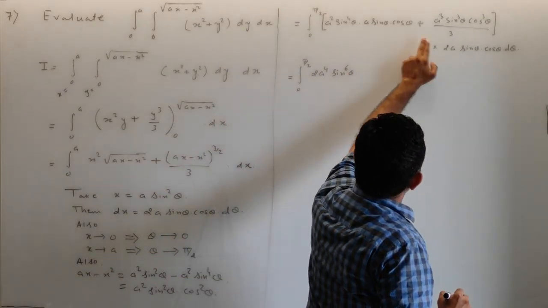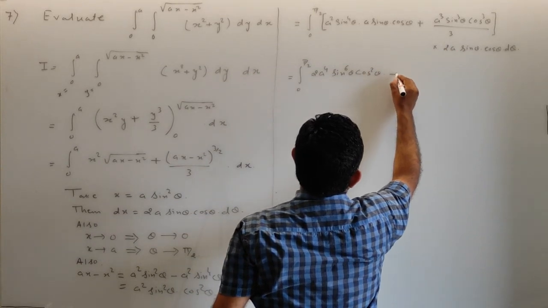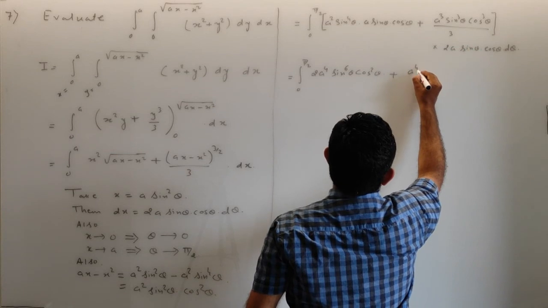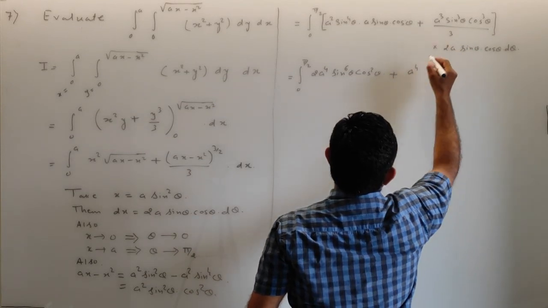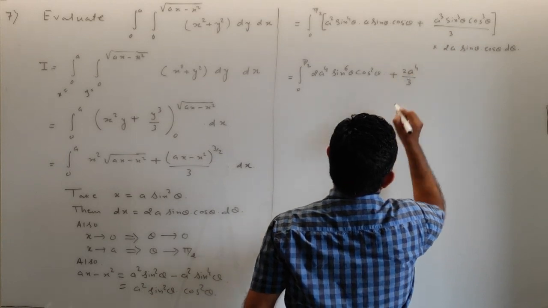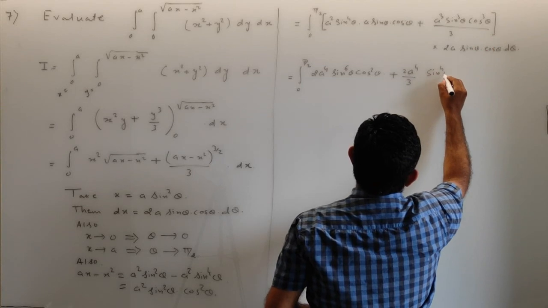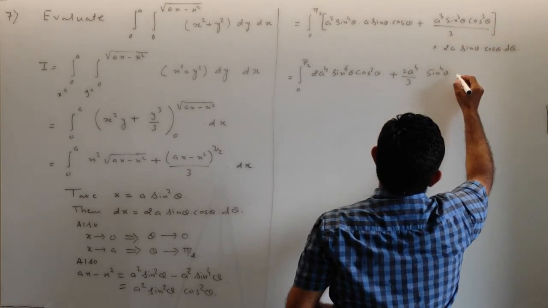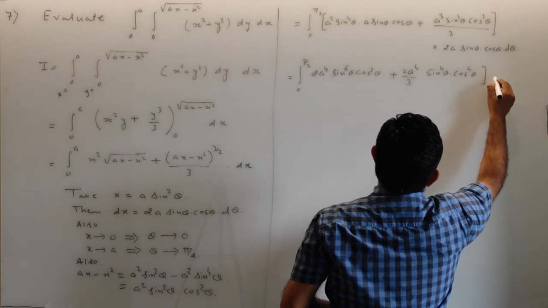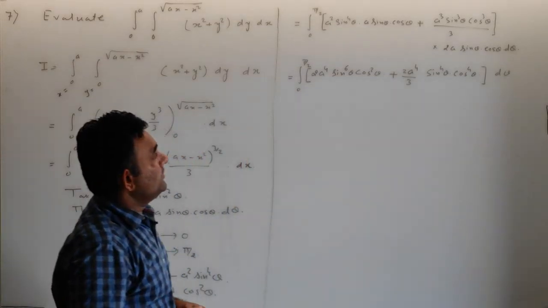Cos theta into cos theta is cos square theta, plus now this is a cube into a, that is a raised to 4, and it is 2 by 3. Sine cube into sine is sine raised to 4 theta, into cos cube into cos is cos raised to 4 theta, and all these things into d theta. So I think this is a simple calculation.